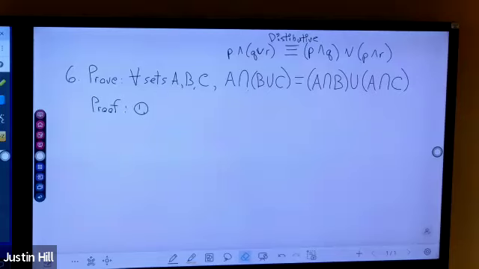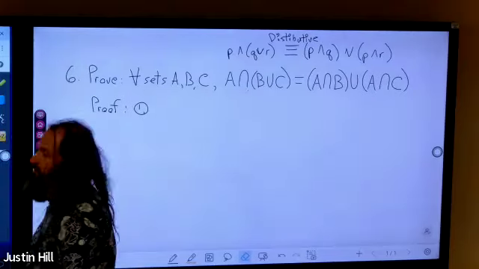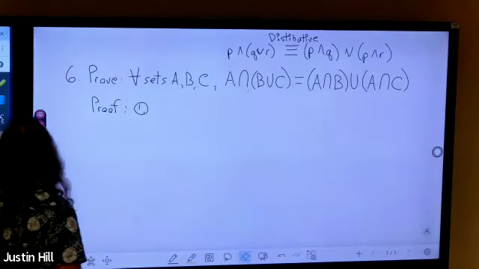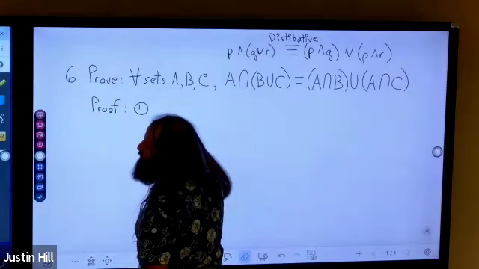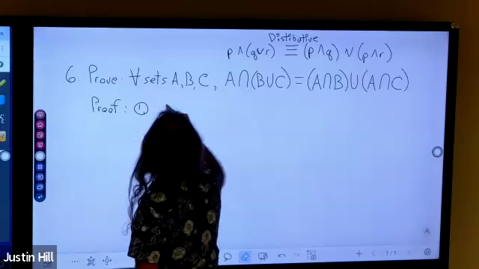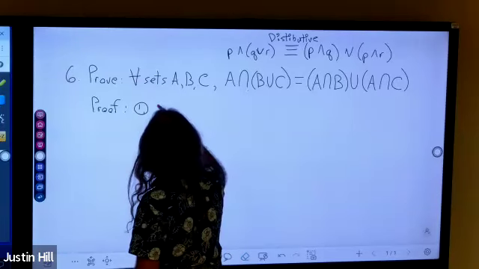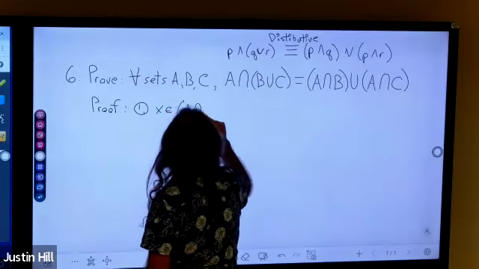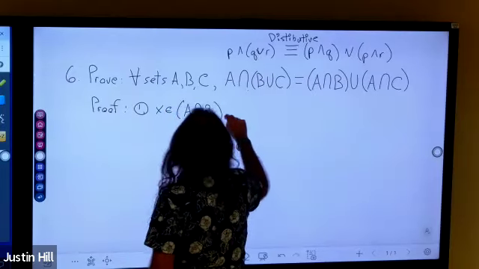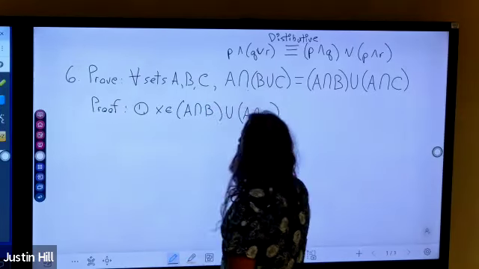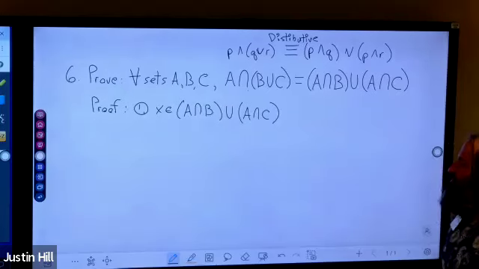And then she starts out, let X be in A intersect B union C. And then we must show that X is in A intersect B union A intersect C. So that would have been your first fill in the blank there.